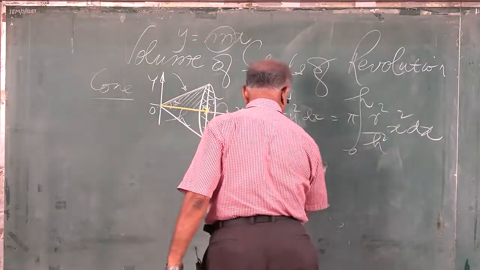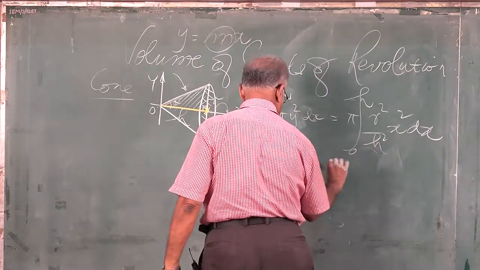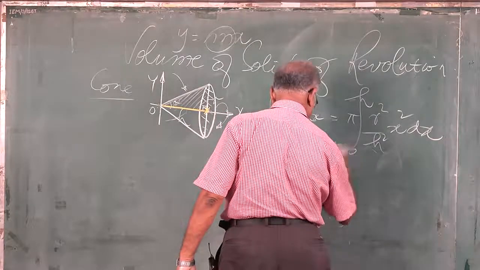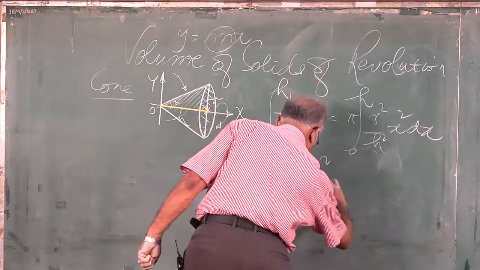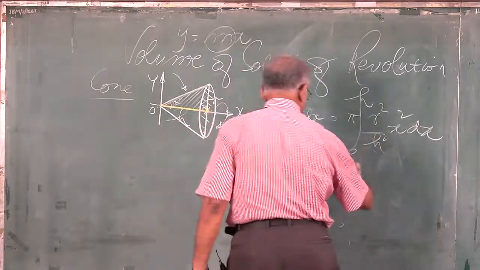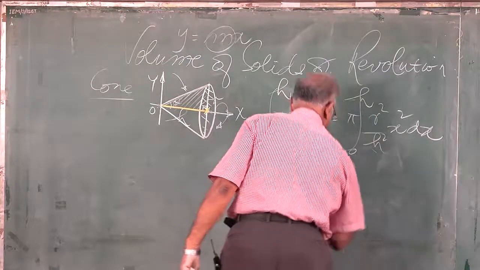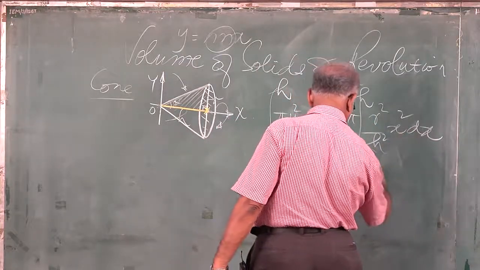Now, pi can be taken out. R square is a constant as far as this integral is concerned. H square is out here, and we just have to integrate from 0 to h x square dx.